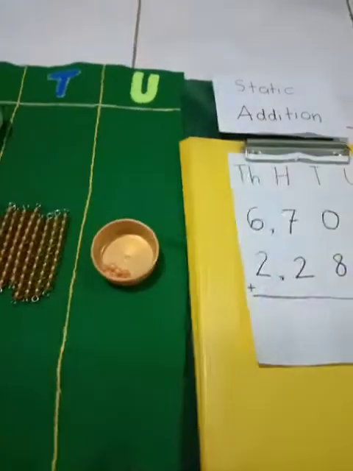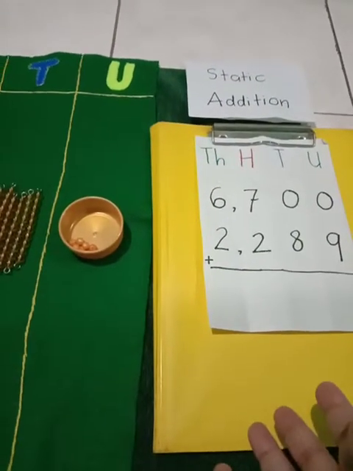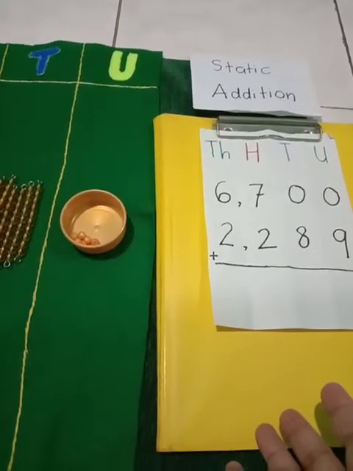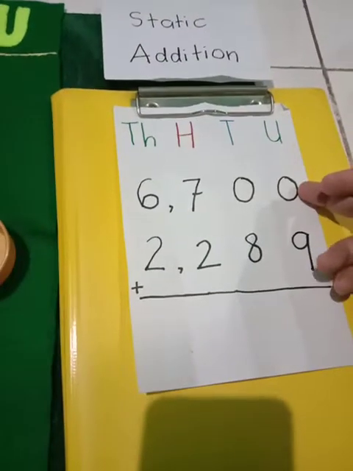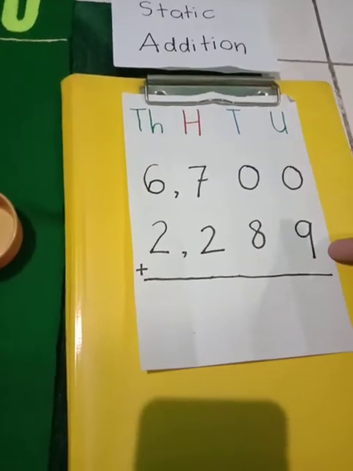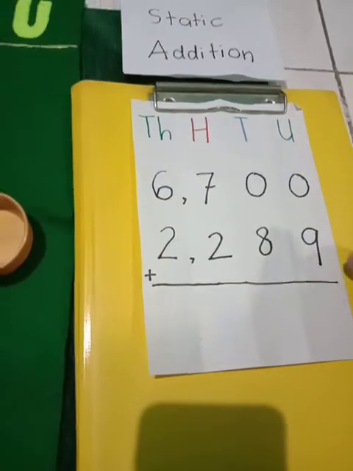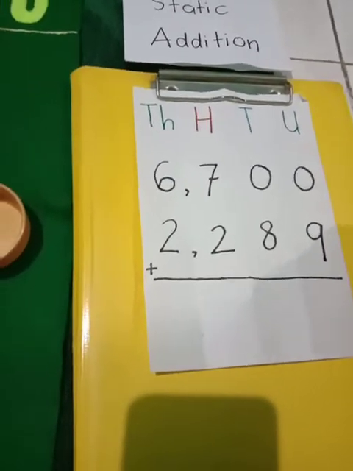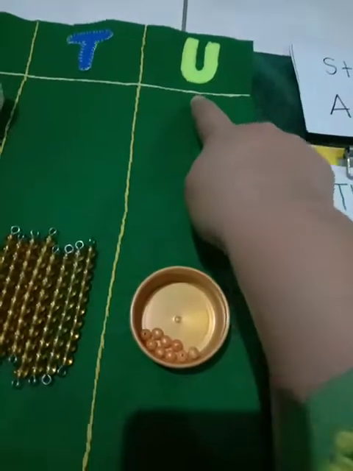Now remember the definition of addition. It means that you have to put all the addends, since we have two addends here, the first addend and the second addend together, starting from the lowest hierarchy, which is the unit. So from here.